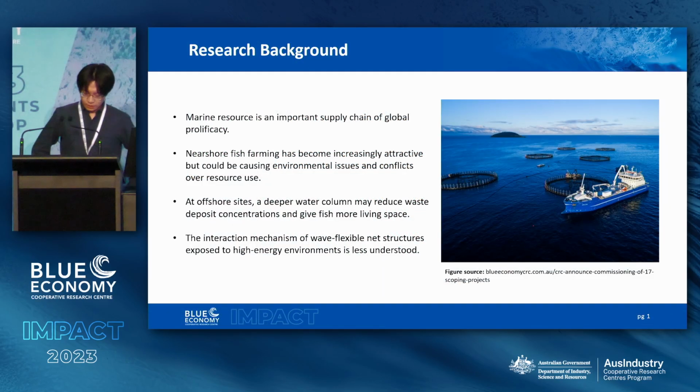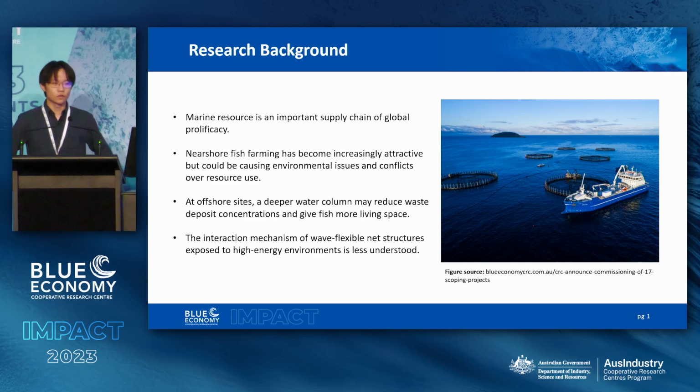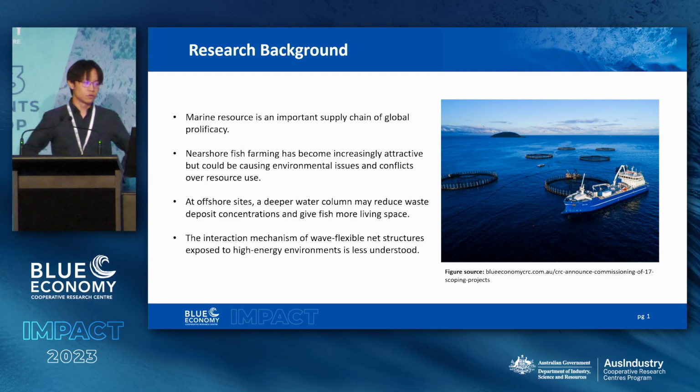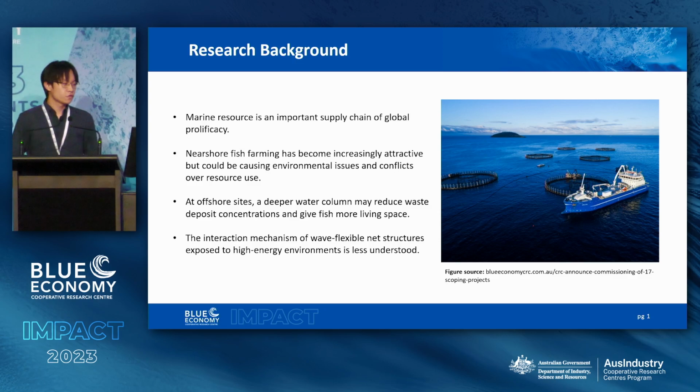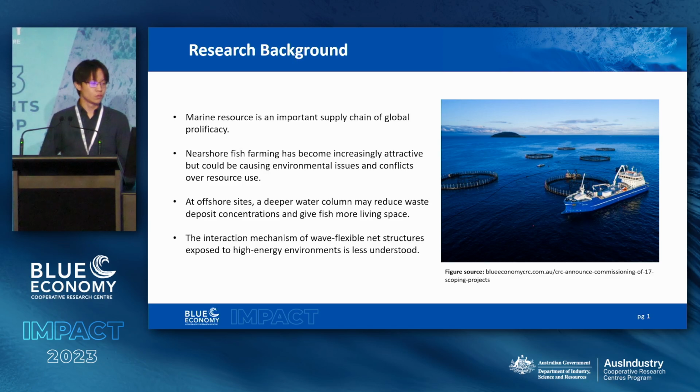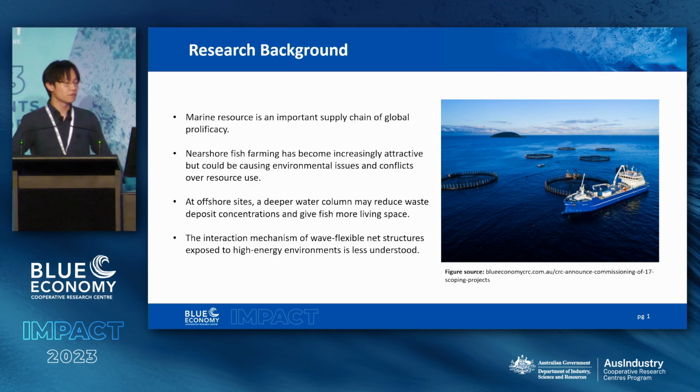As we know, marine resource is an important supply chain of global food production. Natural fish farming has become increasingly attractive, but could cause serious environmental issues and conflicts over resource use.